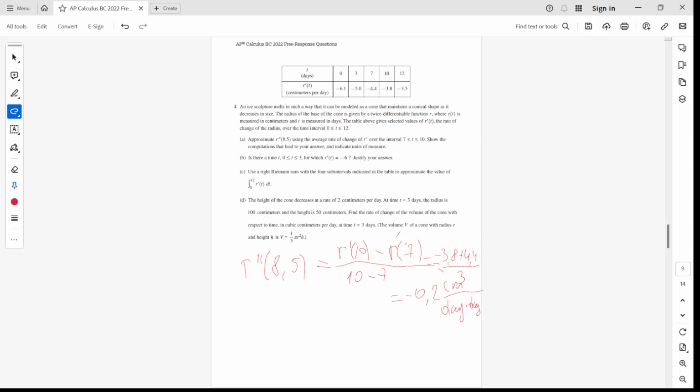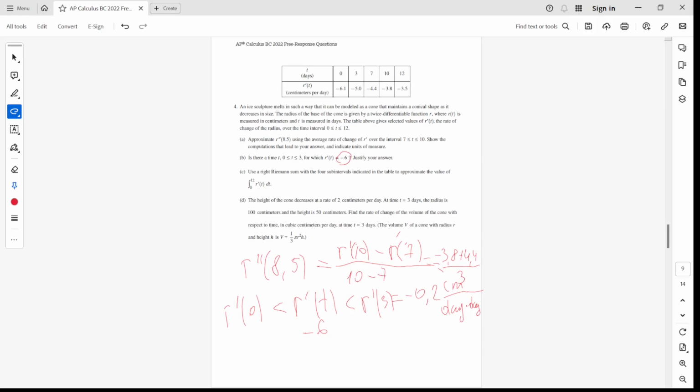Part B asks us if there is any t from 0 to 3 for which r'' is equal to minus 6, right? And we can see that the derivative of this function, which is equal to minus 6, lies between the derivative at t equals 0 and t equals 3.